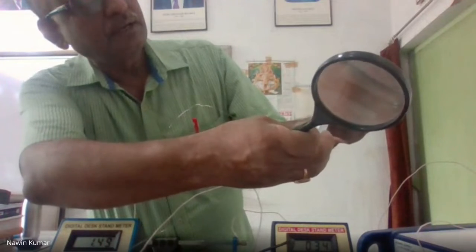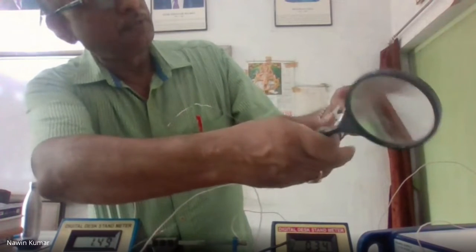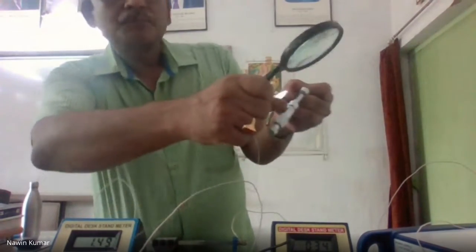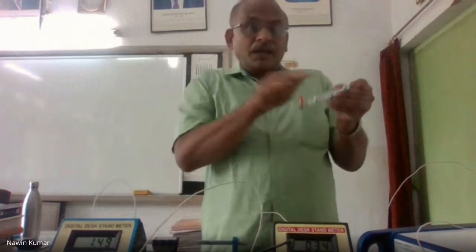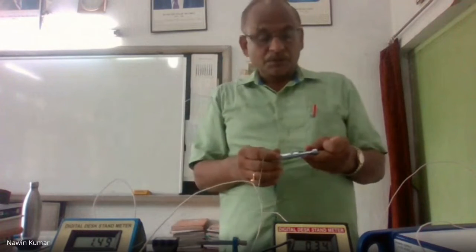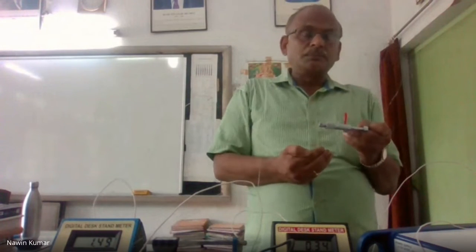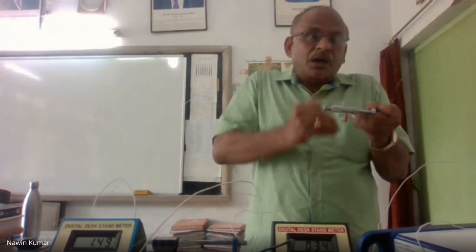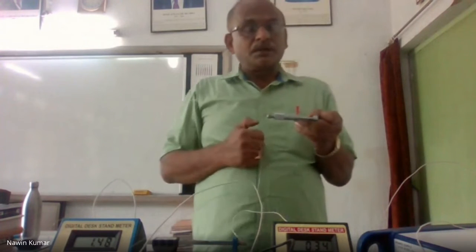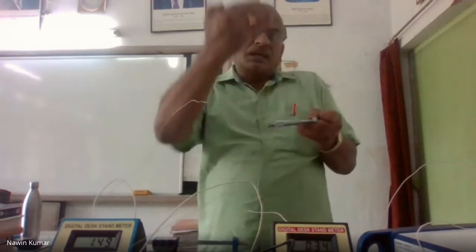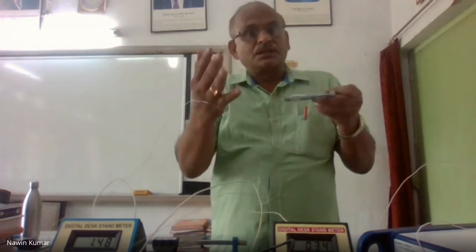If both jaws are touching and the zero of the circular scale and the reference line coincide, then there is no error. If the zero of the circular scale is behind the reference line, then it is the positive error. If the zero of the circular scale is ahead of the reference line, then it is the negative error.